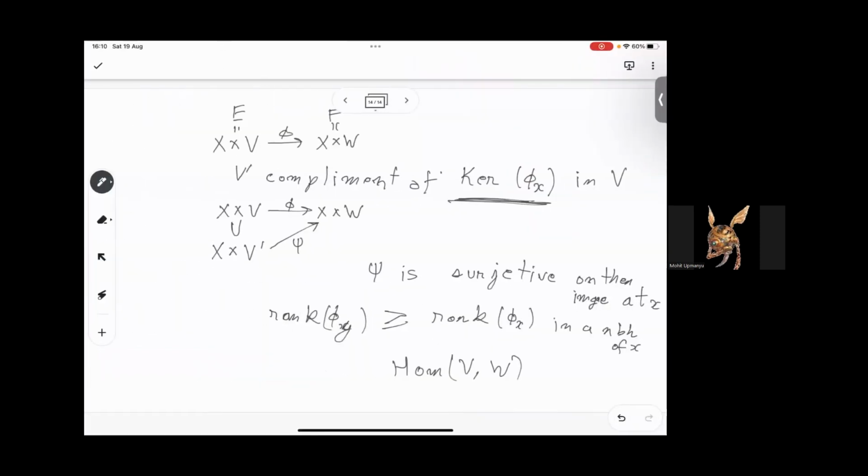But for phi, we know that this is a constant rank map. So that means in a neighborhood, it has the same rank. In a neighborhood, it can at most increase, it won't decrease.